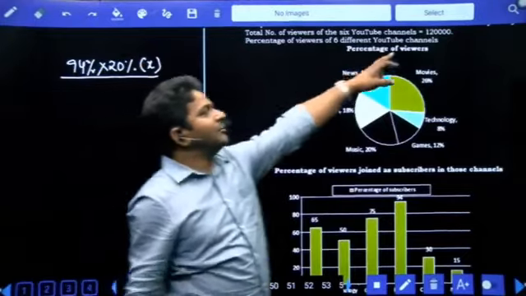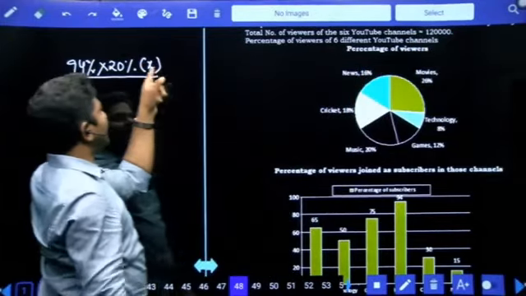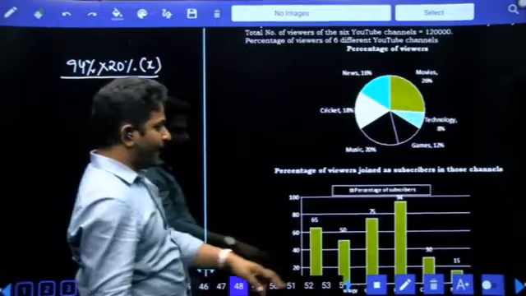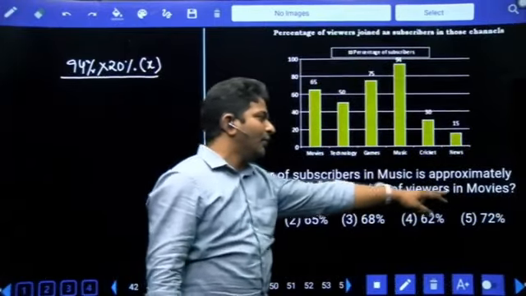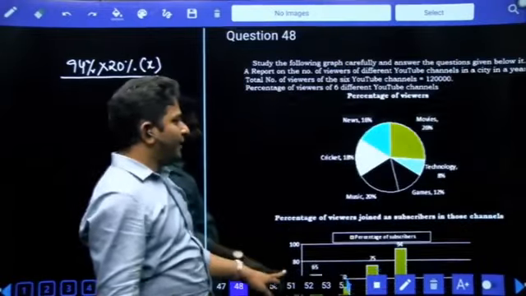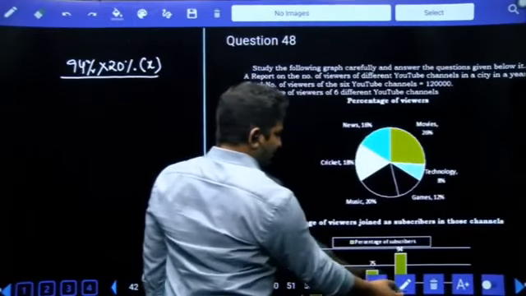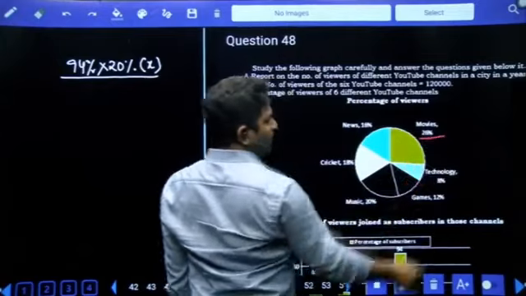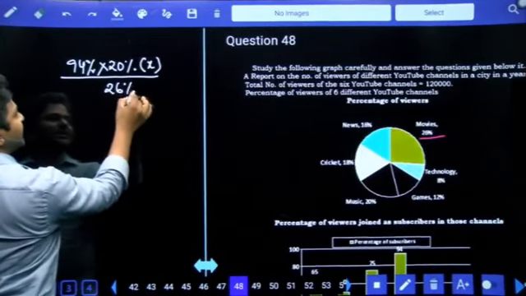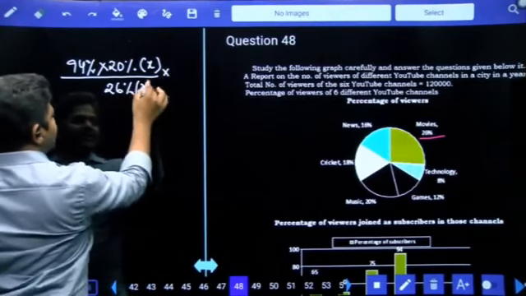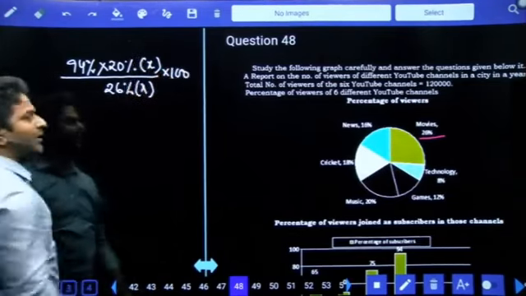The total value, 1,20,000. I'll treat it as X. Keep it aside. This must be calculated as a percentage with respect to viewers in movies. Viewers in movies. In movies, we have total viewers are 26%. 26 percentage of X, as this is about percentage into 100.